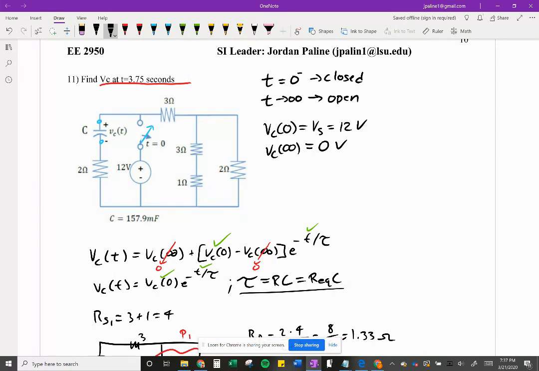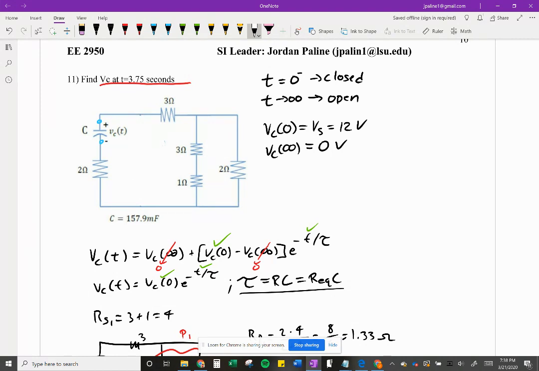If this is open now, this battery isn't supplying any voltage to the 1, 2, 3, 4 resistors anymore. It's effectively not doing anything for the circuit, so I can just remove it entirely.